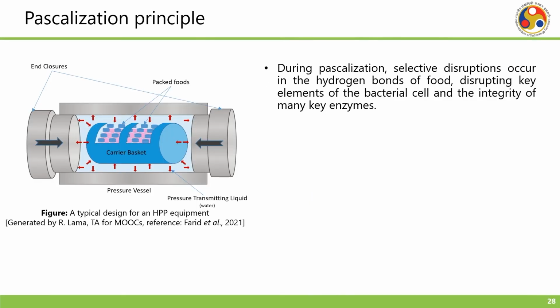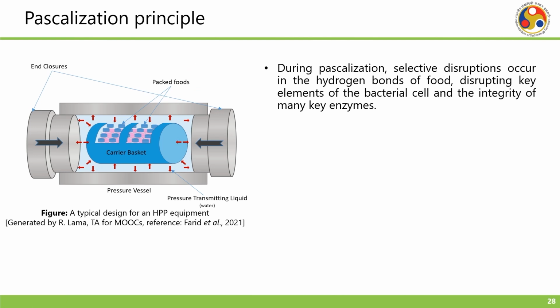So, what is the principle of pascalization? In this figure you can see a pressure vessel. This pressure vessel has two enclosures. Within it we have a carrier basket into which we load or pack the food.